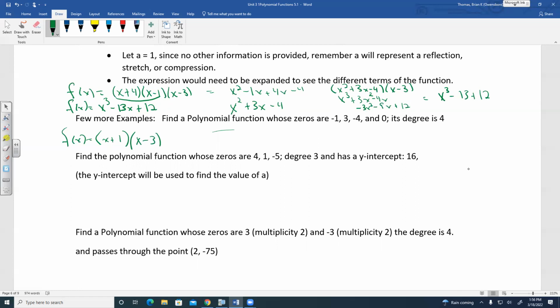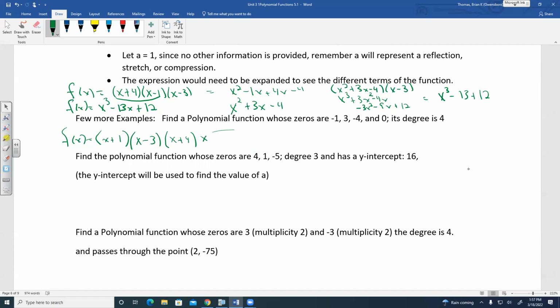And that -4 means you have an x plus 4. And x minus 0 would just be x. It would look like that. And notice that since the degree is 4, all the multiplicities are just going to be 1. So I don't have to put any exponents here. All these are just going to have an exponent of 1.